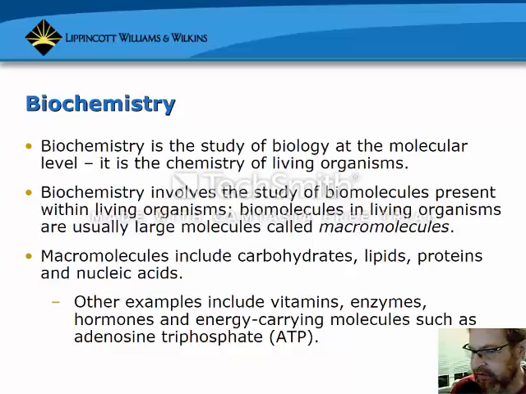Class of biology that studies the chemistry of living organisms. We are going to divide this up into a discussion of carbohydrates, lipids, proteins, and nucleic acids.